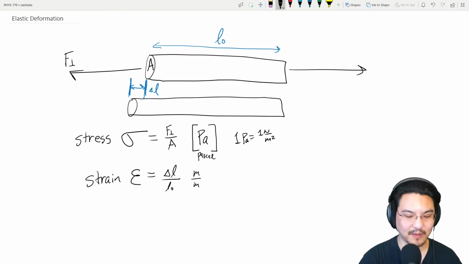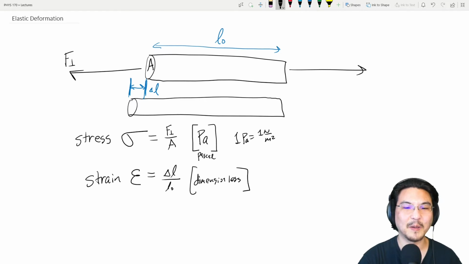Meters over meters, so it's dimensionless. Practically, you could use percent. So you say, okay, the strain is, for example, 0.01, or you could say 1%. Same thing.